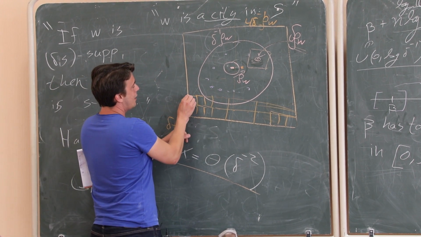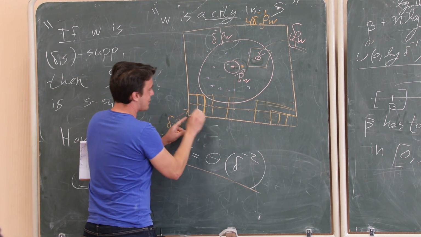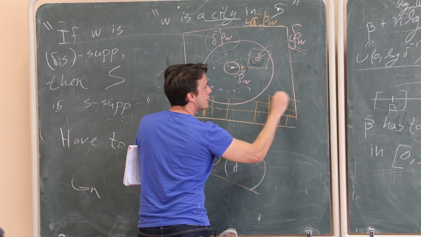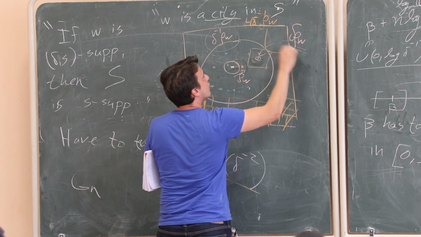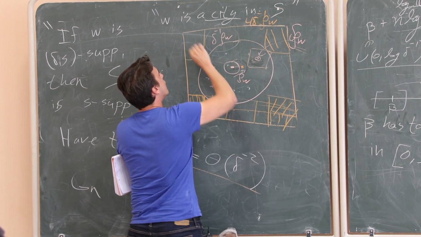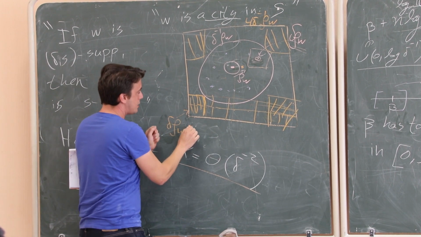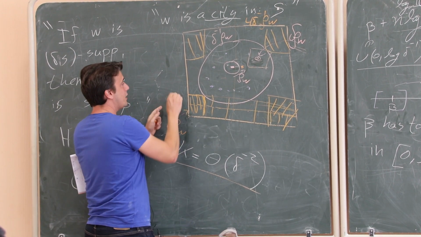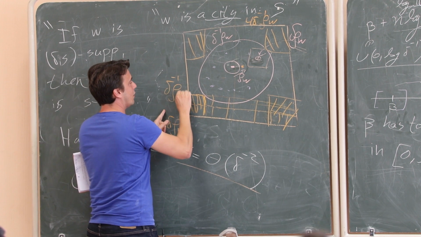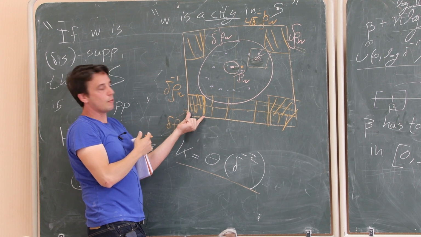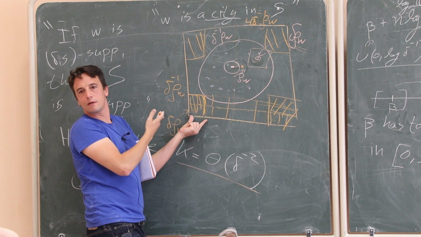The reason is that if I choose any point that is somewhere in this area, or any point somewhere in this area, or any point somewhere here, I'm good. But these areas are of order delta to the minus 1, rho w. Perhaps if this is 4, then this is delta to the minus 1, or perhaps half times delta to the minus 1.